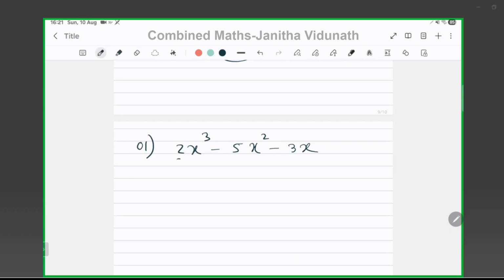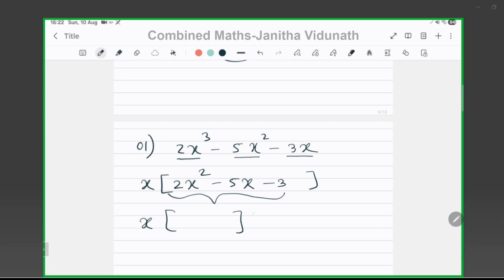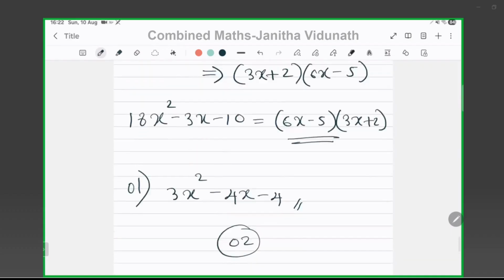Here we can see that x is common to all the terms. Then we take x out as common. Then there remains 2x square minus 5x minus 3. Then we already know how to factor this. I think we already did that factorization.